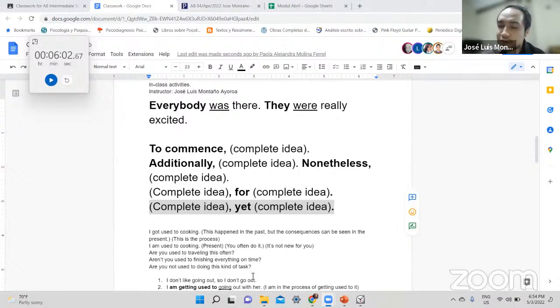That's the difference, Wilson. If you use "yet" after a comma at the beginning of a complete idea, it means "but." However, if you use "yet" at the end of the idea, it only reinforces the idea of a negative statement. I don't know if you have questions about that. No? Okay, thank you very much, Wilson.